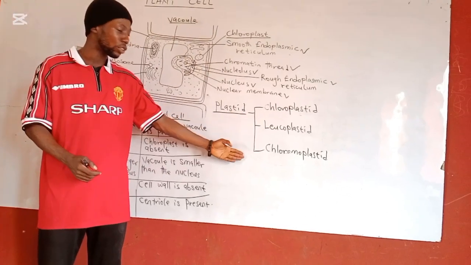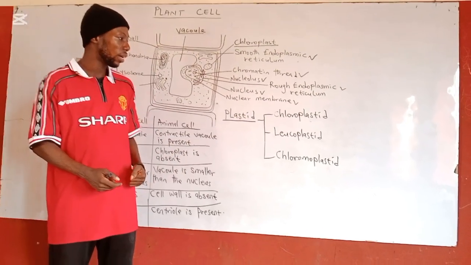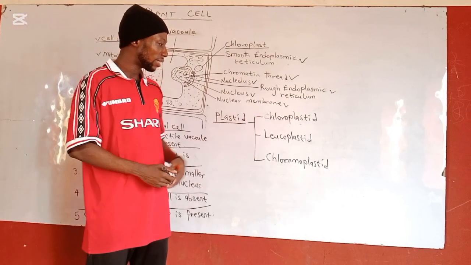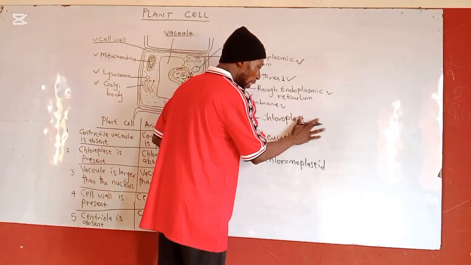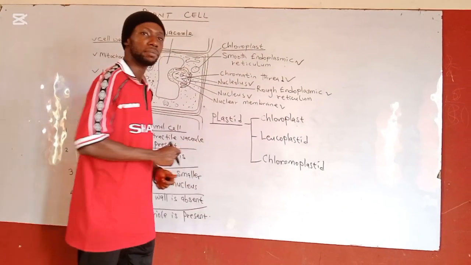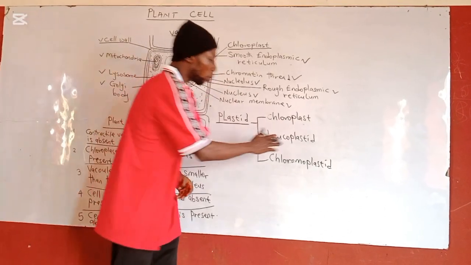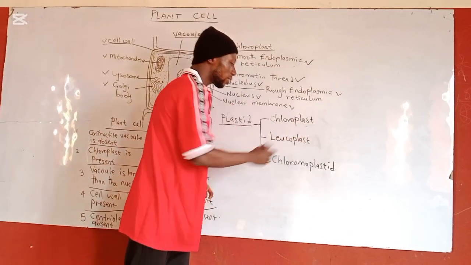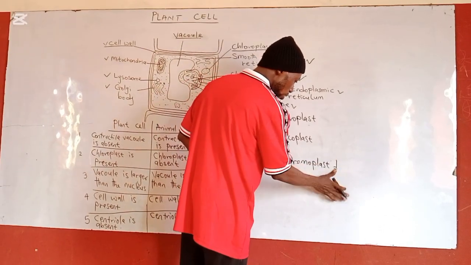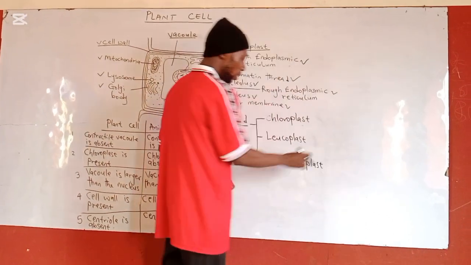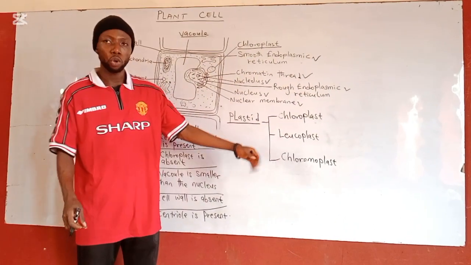These are the three types of plastids. Okay, the chloroplast is the one that contains chlorophyll. Okay, the leucoplast is the white one. Okay, then the chromoplast is the coloured one.